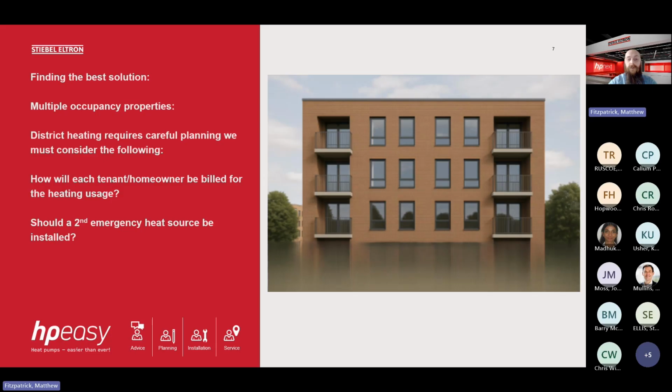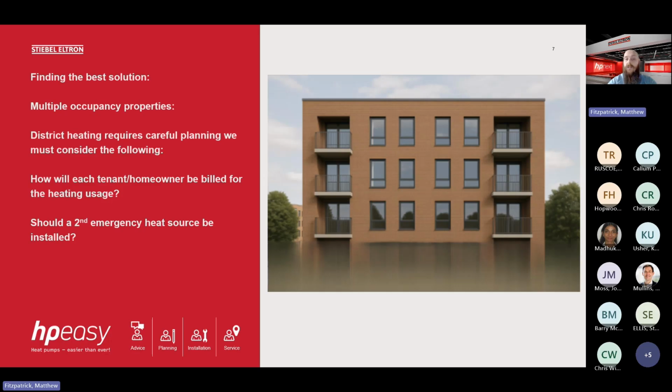You may also find with pre-existing multiple occupancy properties or office blocks, commercial properties, they may have gas or oil boilers already installed. Now we can create what is called a bivalent system. This means we cater for the majority or all of the load for the property, and we leave the gas or oil boiler in as the backup.